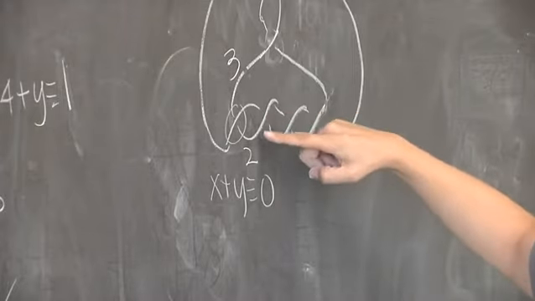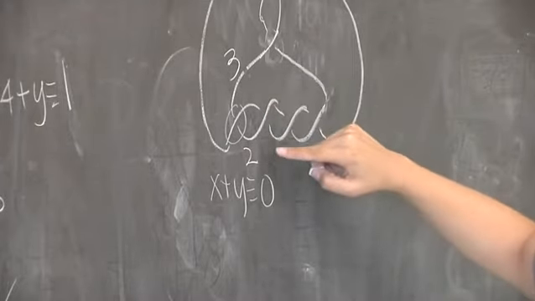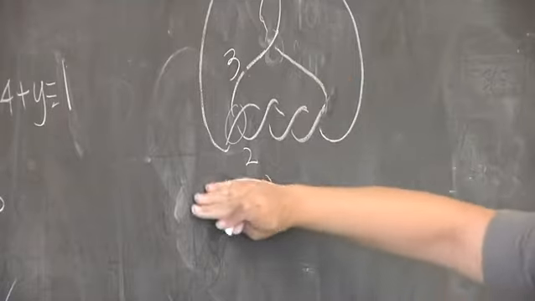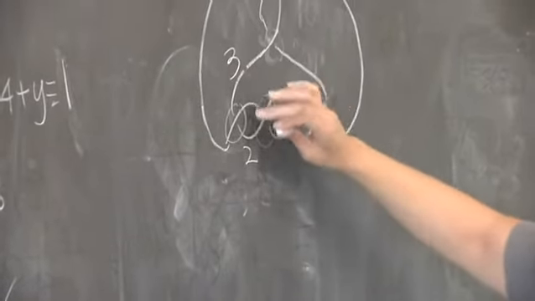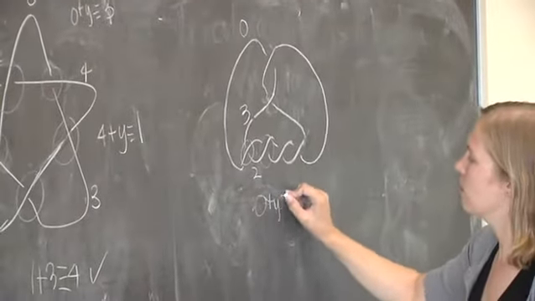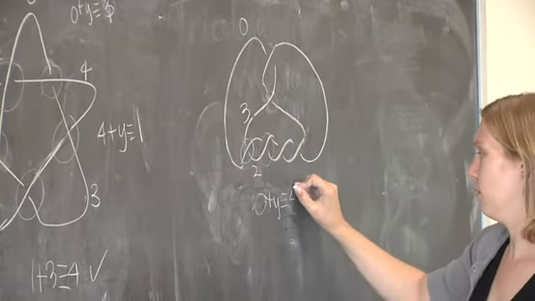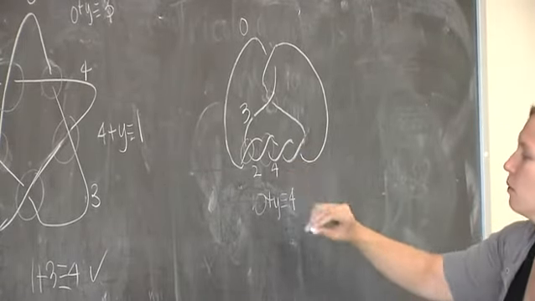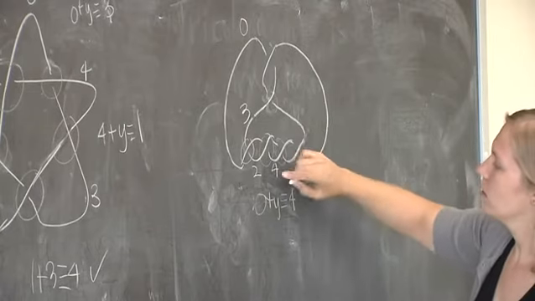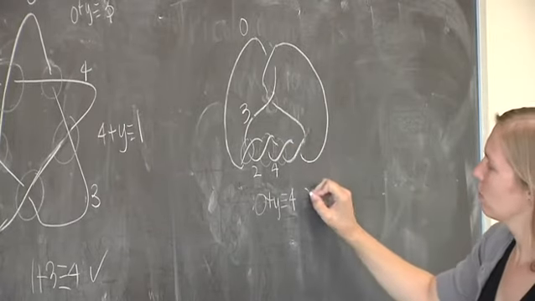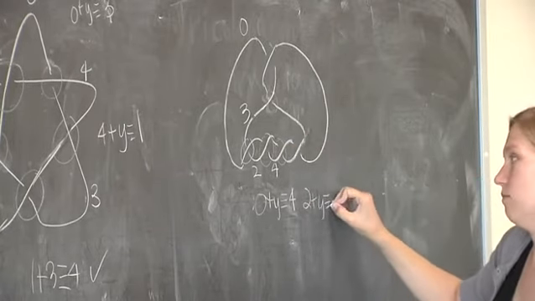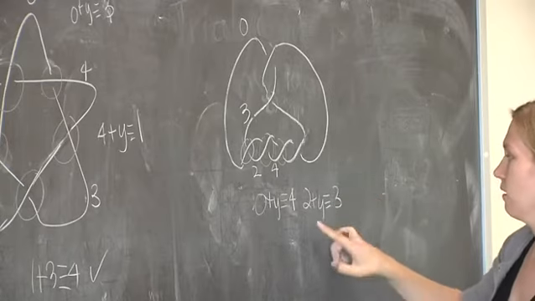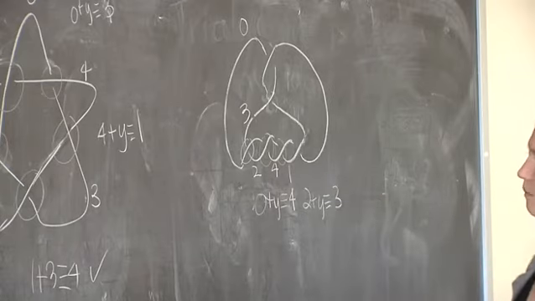So we have a 0 coming into a 2. Let me erase that. So we have 0 plus y is congruent to 4, so this one has to be a 4. I have 2 plus y congruent to 8, which is 3. So y has to be 1 there.